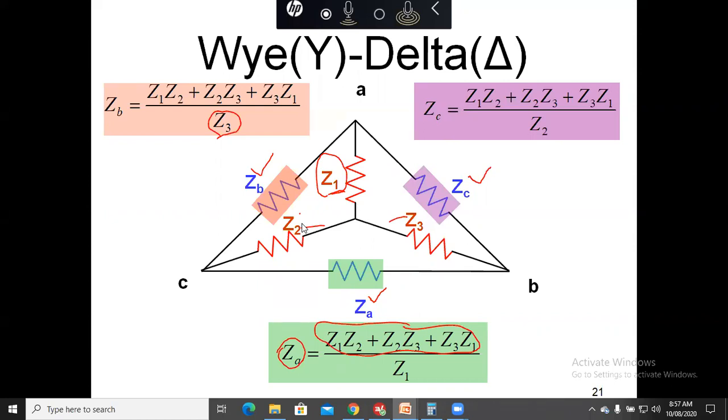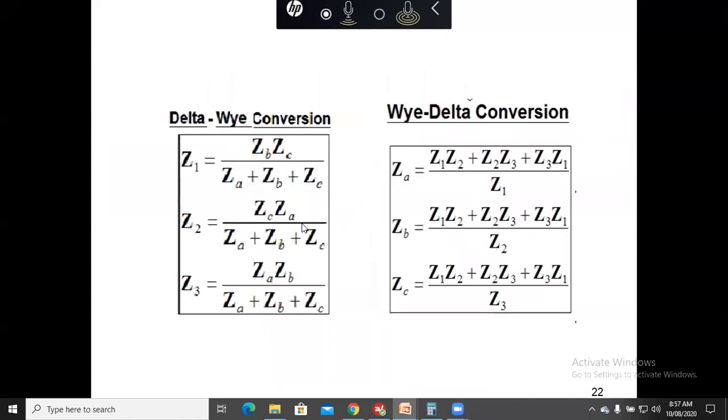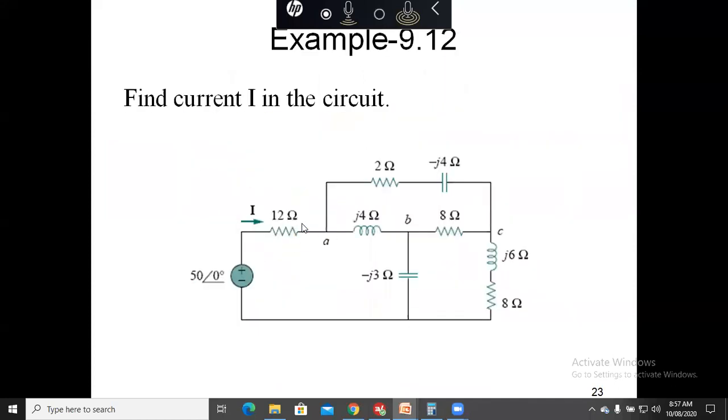So we will try a problem and then it will be clear.